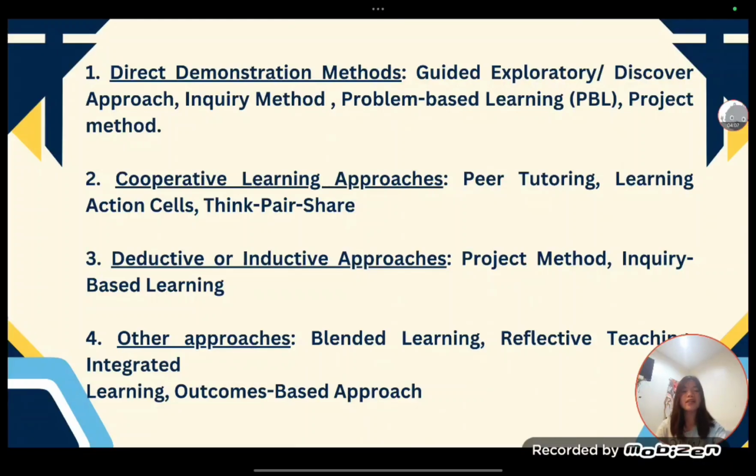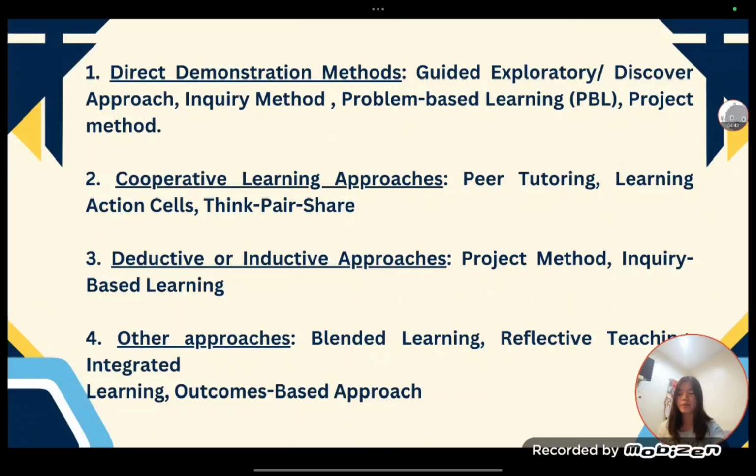When we say problem-based learning, these are the methods where students solve real-world problems by adapting their knowledge and fostering critical thinking and collaboration. From the word problem-based learning, they are able to think critically and broaden their knowledge on that specific question or concept.